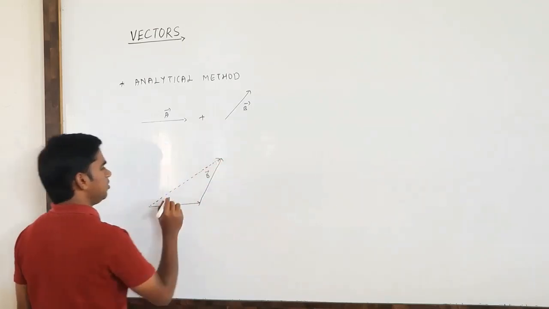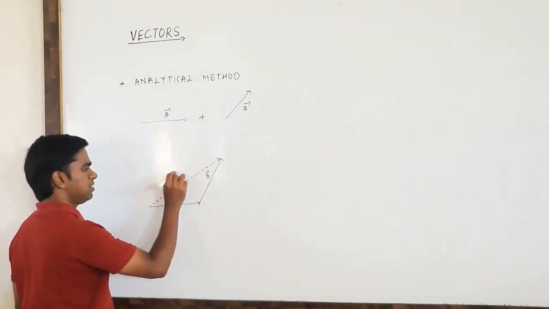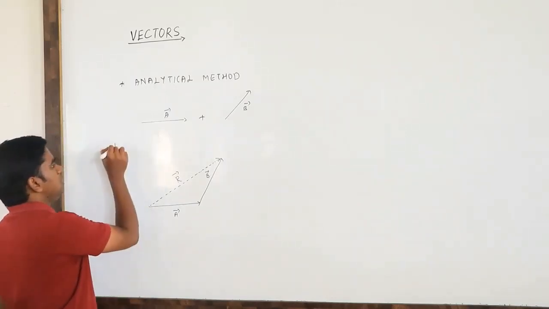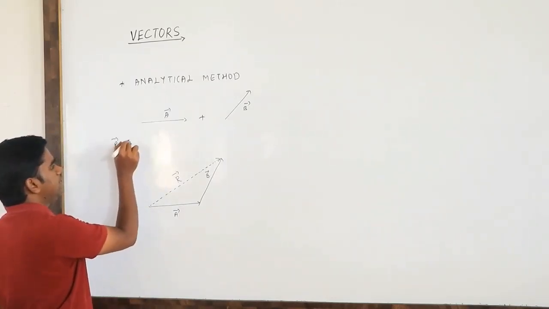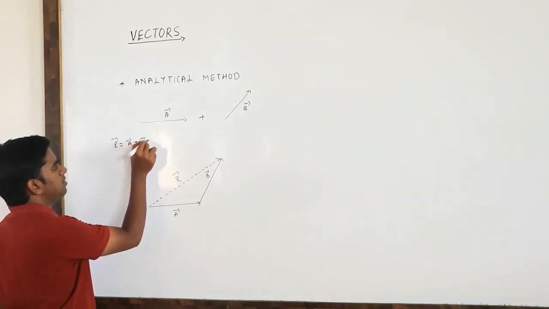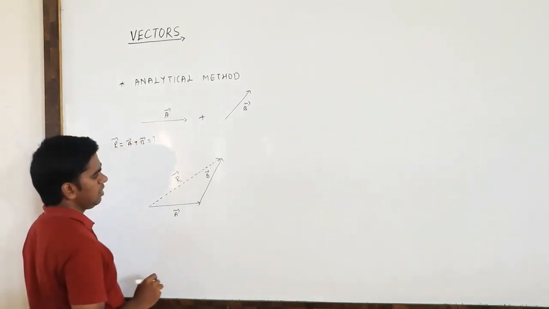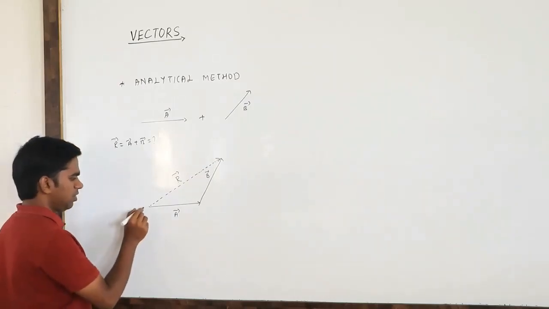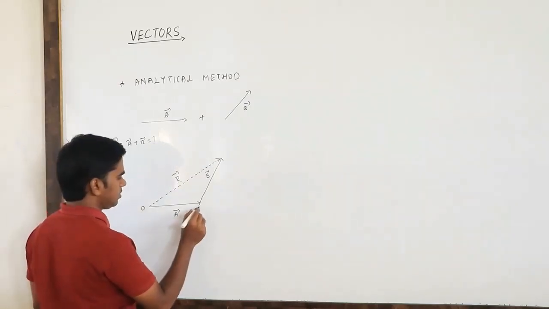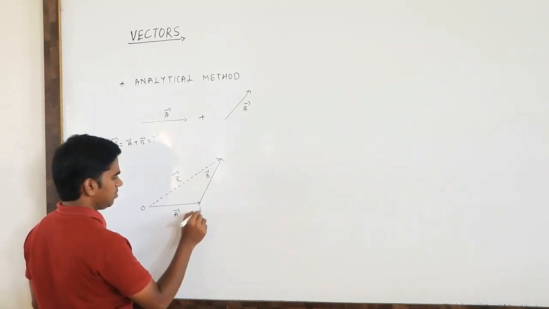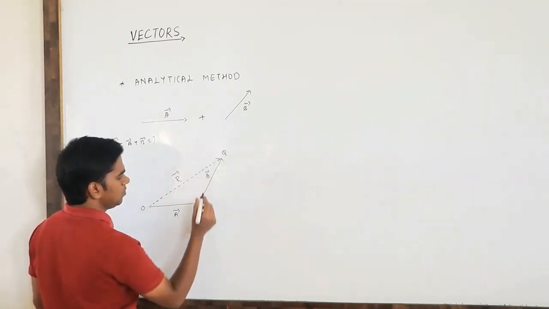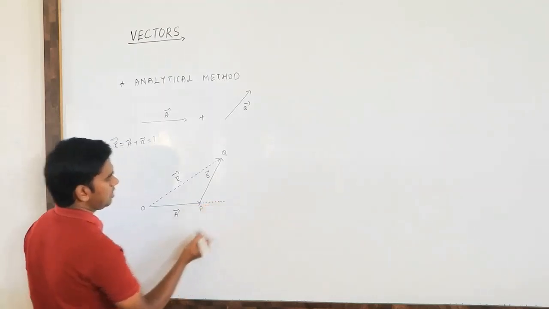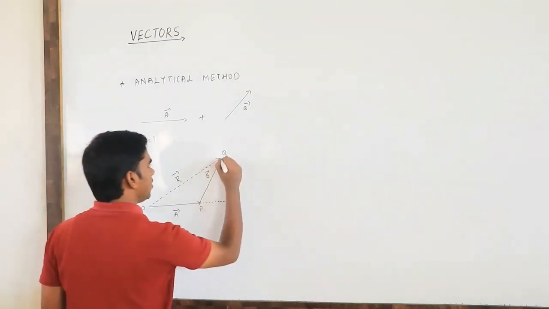So this is going to be the resultant, so I will write the resultant as R, that is a plus b. So R is vector a plus vector b. This is what we want. So how can we find this? I will take this point as O, this as some P, and this as some Q. I will extend this vector. Listen properly, derivation is also important.